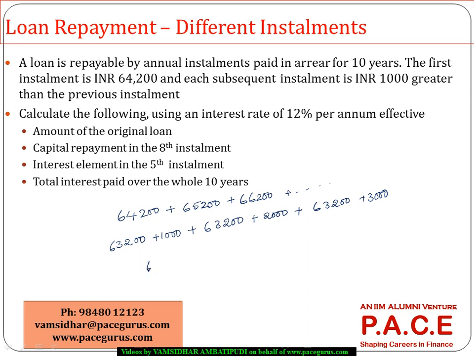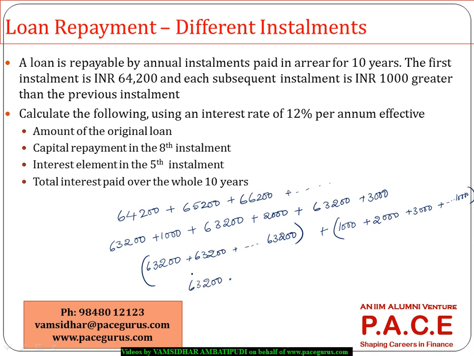In this process, it is becoming 63,200 added up 10 times, plus 1000 plus 2000 plus 3000 up to 10,000. So how do I write this?